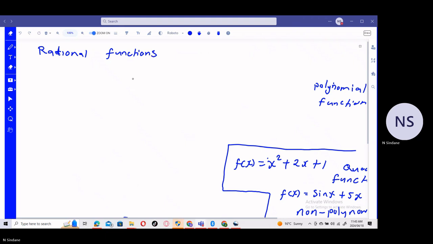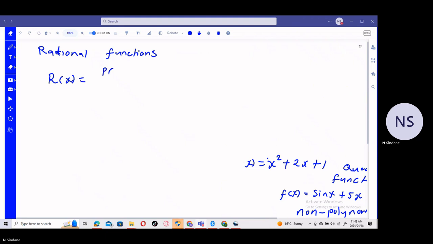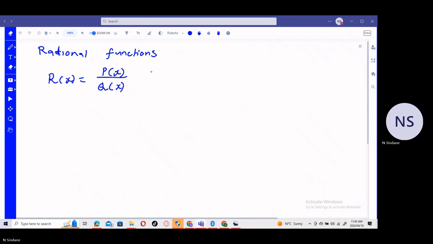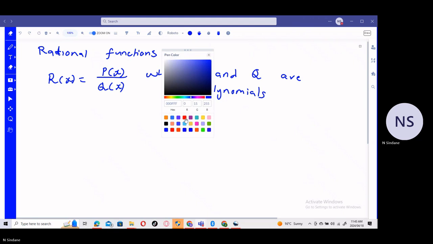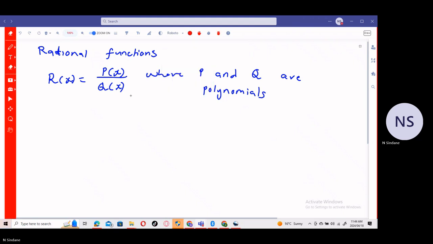With a rational function, if you're given R of x equals P of x over Q of x, where P and Q are polynomials, this is the first step of your definition.